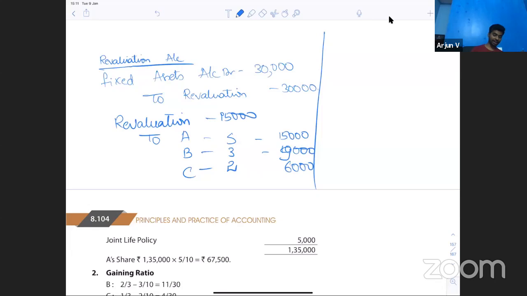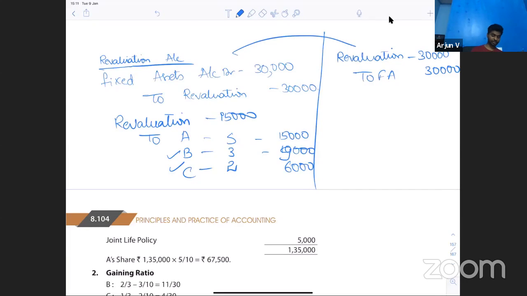Now since I have to do memorandum revaluation, I have to do the reverse of it. That's going to be revaluation to fixed assets 30,000.